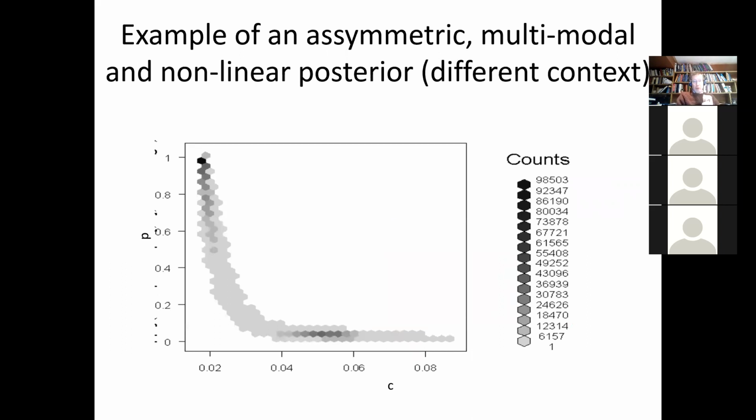So, in general, when we consider two parameters, say C, the contact rate, and P, the probability of transmission per discordant contact, we may have a multimodal distribution, and one that's asymmetric and one that is distinctly non-normal or non-Gaussian. An example is here, where we see this kind of hyperbolic trade-off between these.